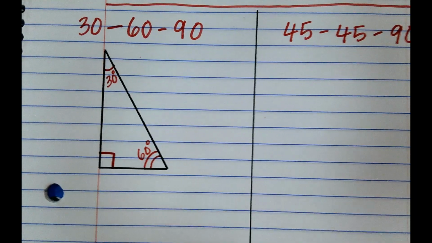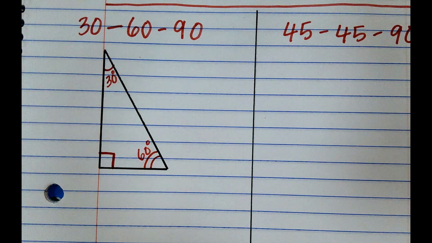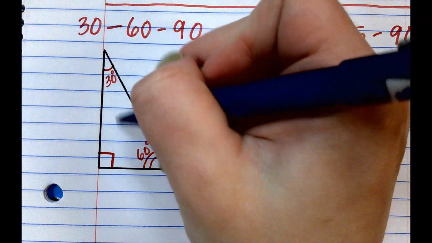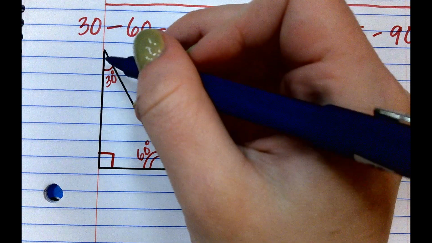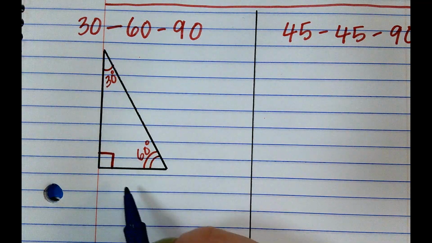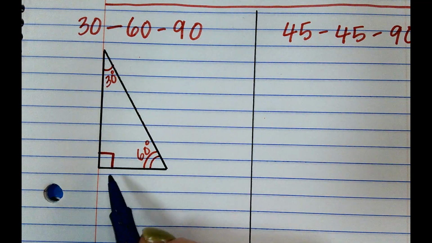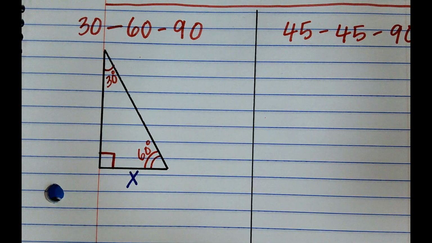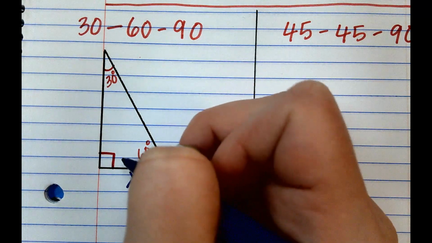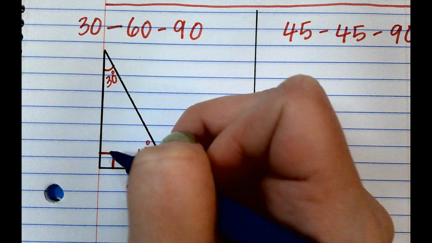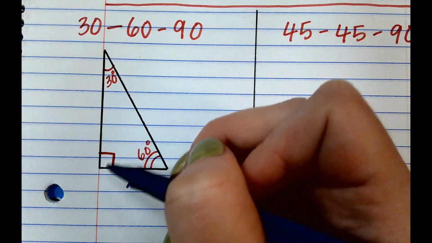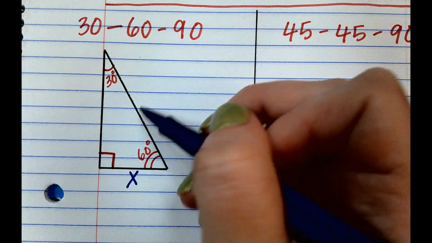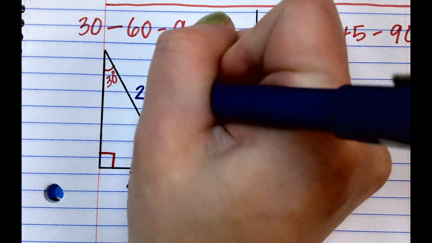And we're going to label the sides with some x values. So right across from the 30-degree angle, that's our smallest angle. So our smallest side is across from that. We call this x. Our biggest angle is 90. Across from the 90, the biggest side is 2x.